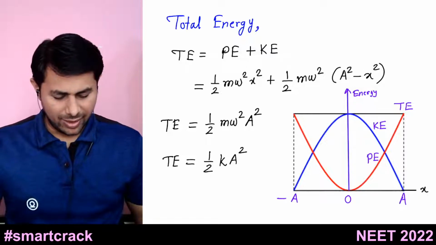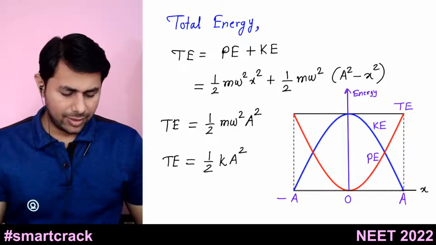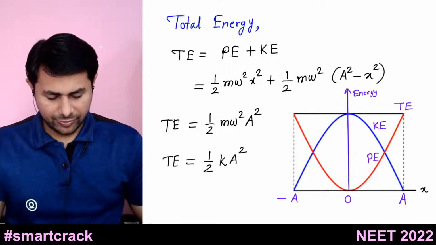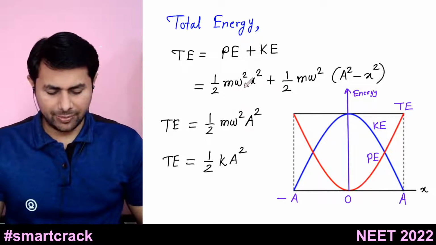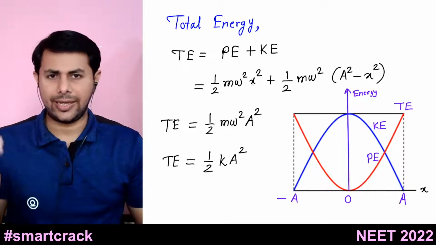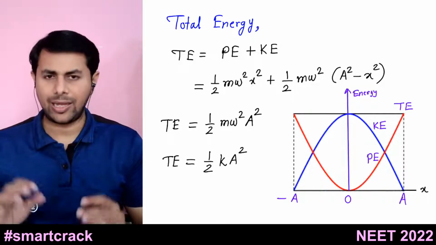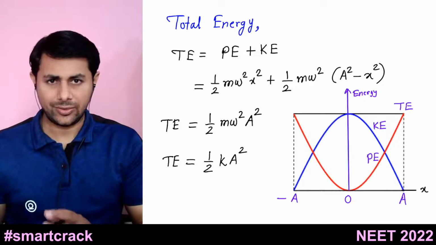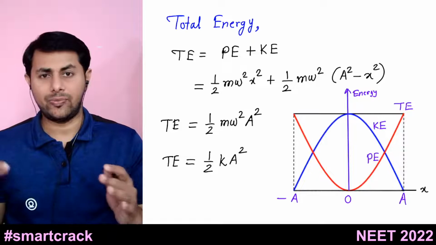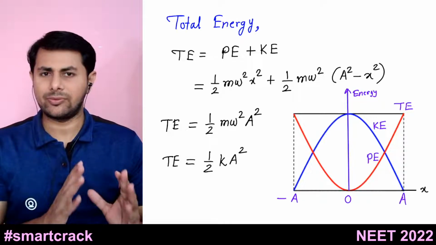Okay, and then when the particle is at extreme position, its potential energy will be half of m omega square x square. That is, x is equal to a, so it is half of m omega square a square.